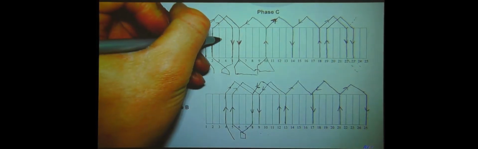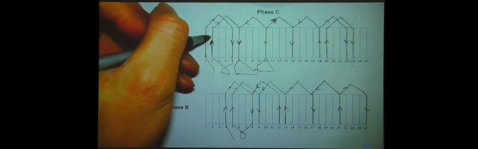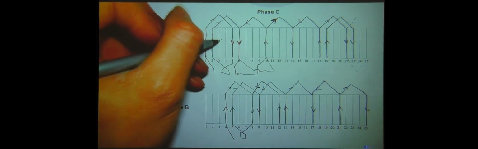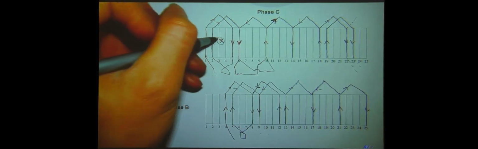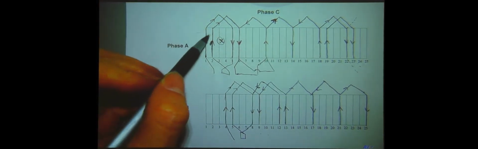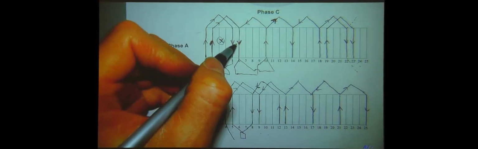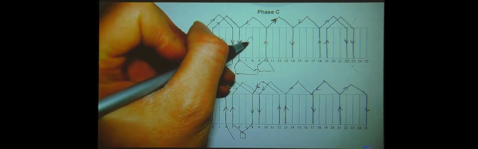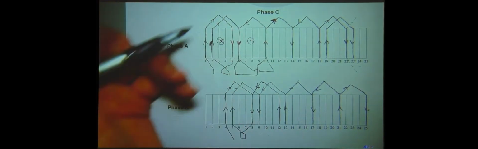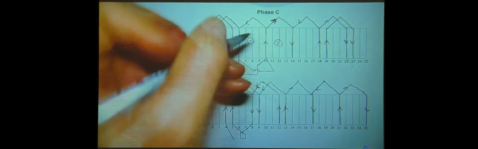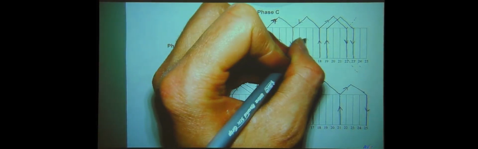That's creating a flux going in, and so this would be creating one pole. This is creating another pole between 6 and 10. This one's creating a pole between 10 and 14, and so on.